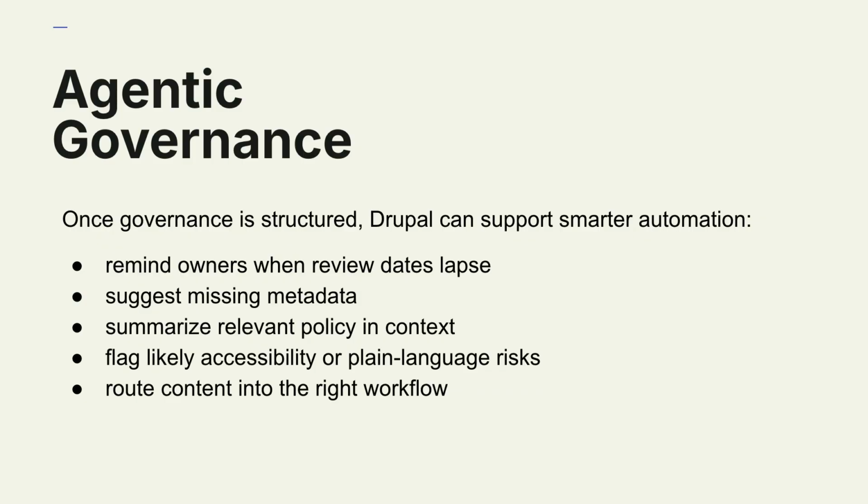And what AI can do is extend that even further by measuring your plain language, suggesting summarizations, filling in some of your taxonomy data that might be missing, and suggesting how content should be organized. So that's really where we're going with this.